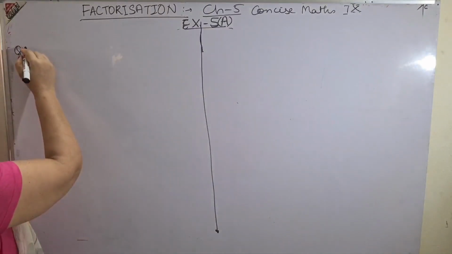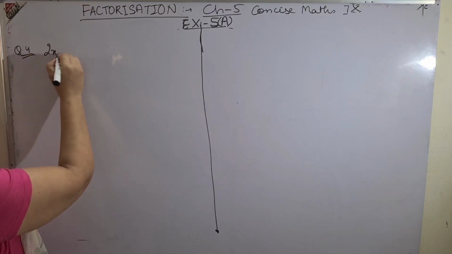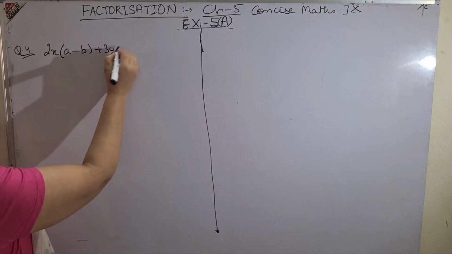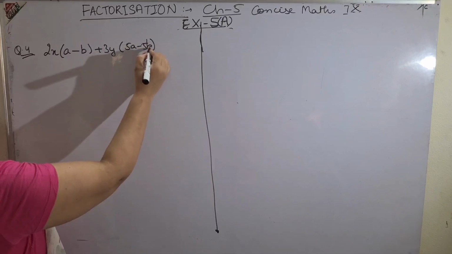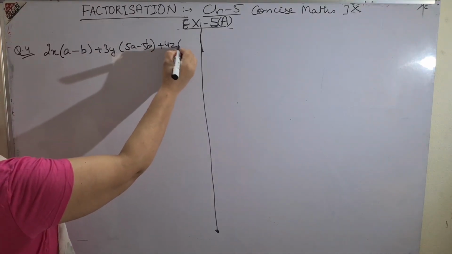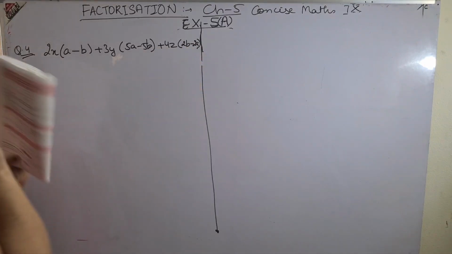Question number 4: 2x(a minus b) plus 3y, again 5a minus 5b, and then 4z, 2b minus 2a. I have to take out the common factors from this.